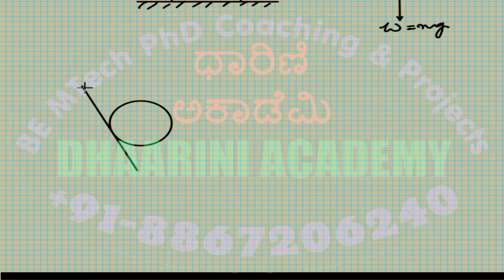Say the surfaces are like this. One is over here, and there is another surface where the contact happens somewhere here. Okay, so this is the reference plane where it's going to touch.